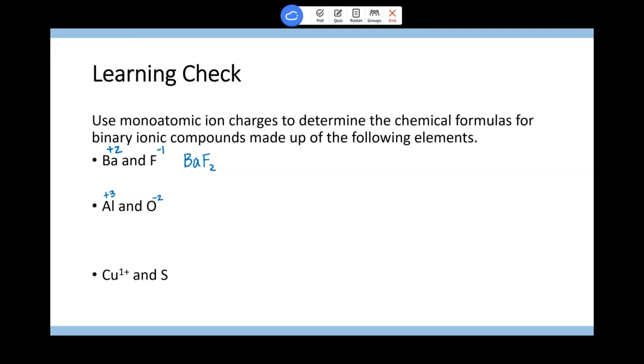And then we give the subscript to each element, whatever we need to multiply the charge to get to 6. So aluminum, we would have to provide a subscript of 2 so that it would have a total positive charge of 6. And then oxygen, a subscript of 3 to have a total negative charge of 6.